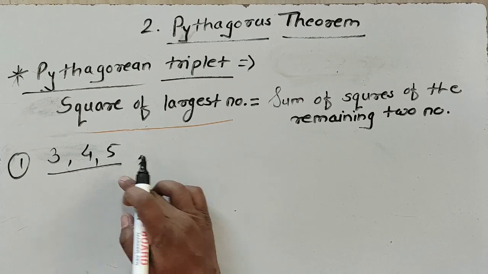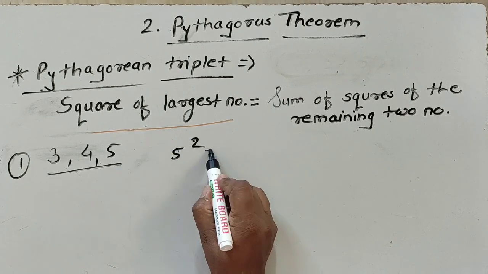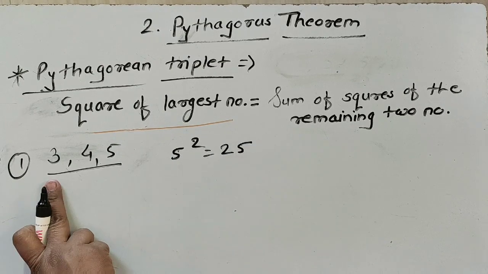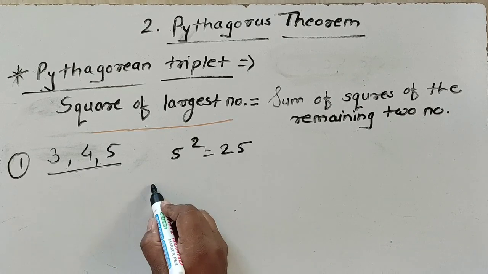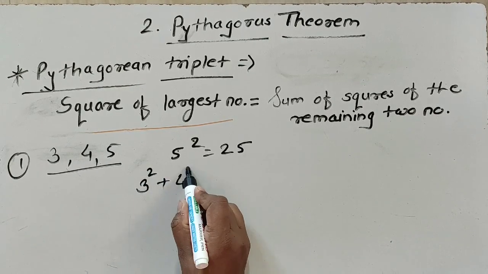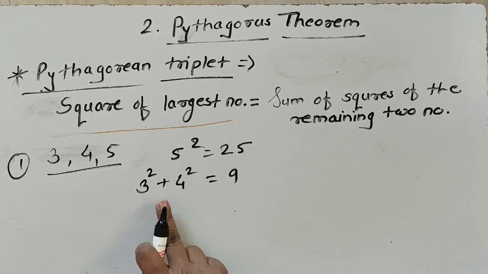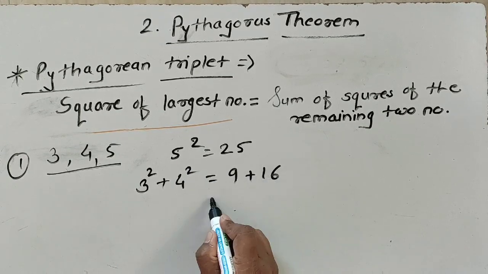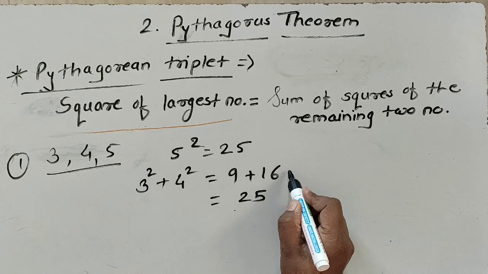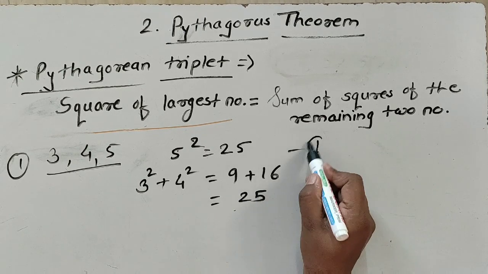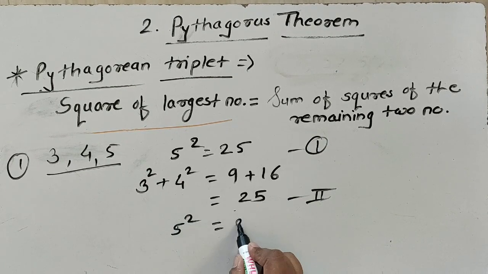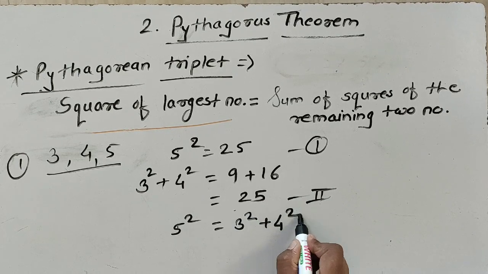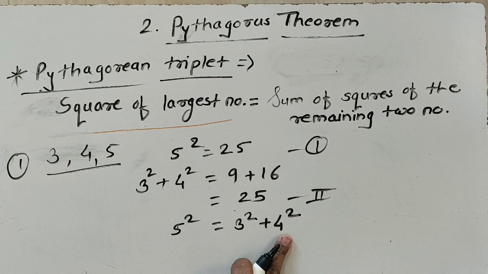So 5 square is 25, and the sum of squares of the remaining two numbers: 3 square is 9 plus 4 square is 16, and its sum is 25. So from this we understand that 5 square is equal to 3 square plus 4 square, means the square of the largest number is equal to the sum of squares of the remaining two sides.